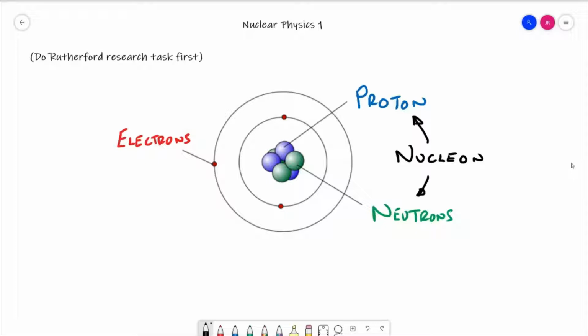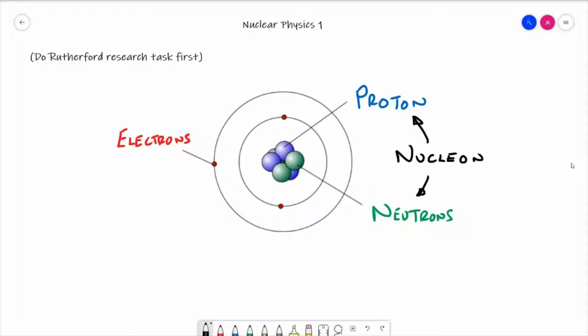Now, interestingly, on the screen we do have a model of the atom. It isn't strictly the same as the model that Rutherford came up with in 1911. This is probably more along the lines of Chadwick's model of the atom, which he came up with in 1932. The model of the atom has gone through several revisions and several updates since Rutherford came up with his model back in 1911.